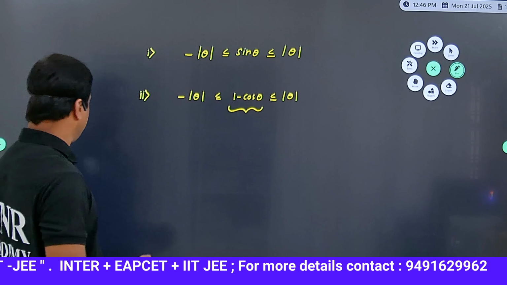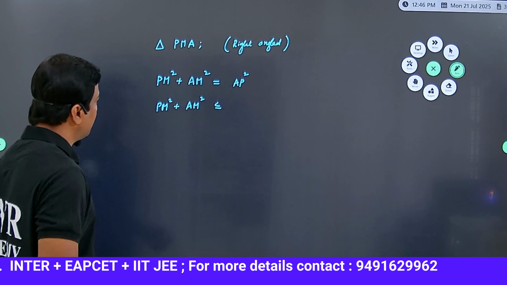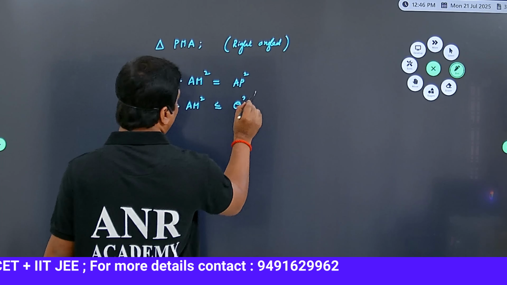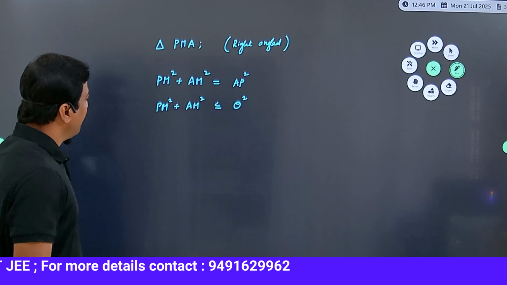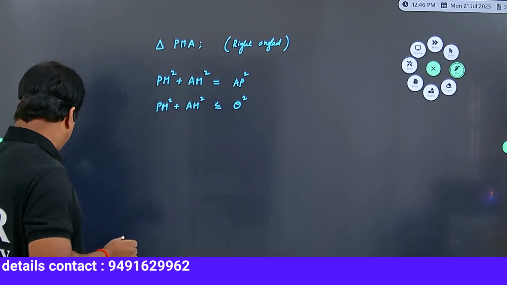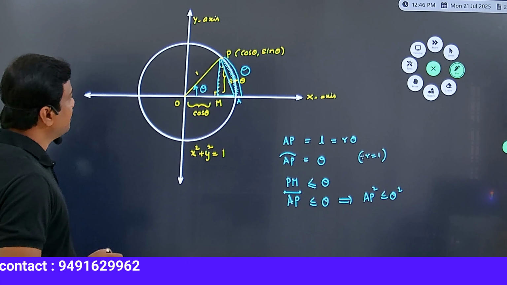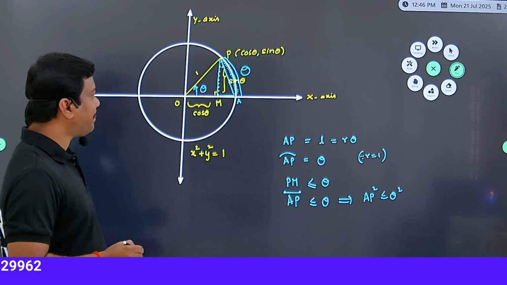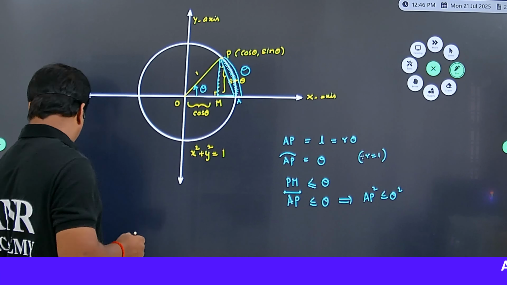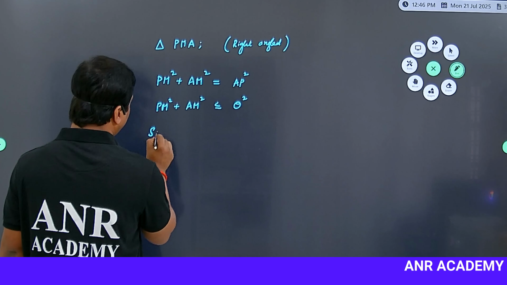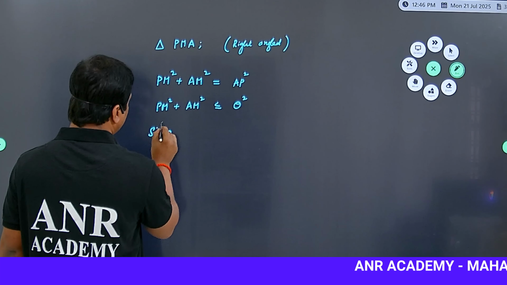Yes, now let us observe the distance P to M and A to M from the figure. P to M, that is the vertical component, sin theta. First I am going to write sin theta in place of PM. So this is sin square theta.